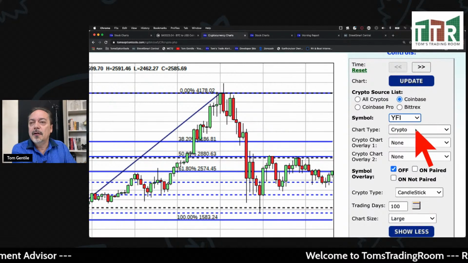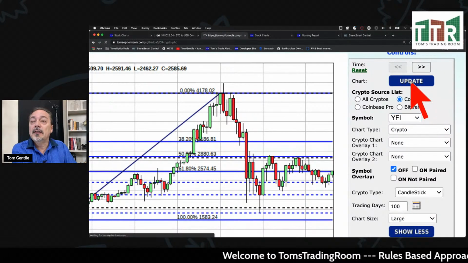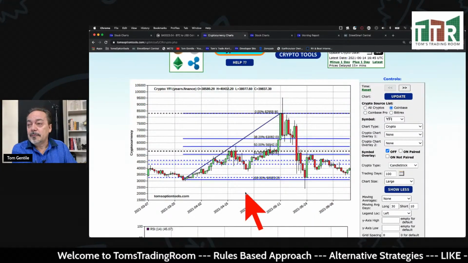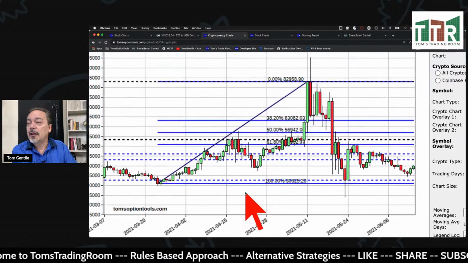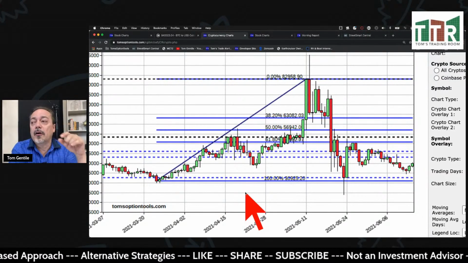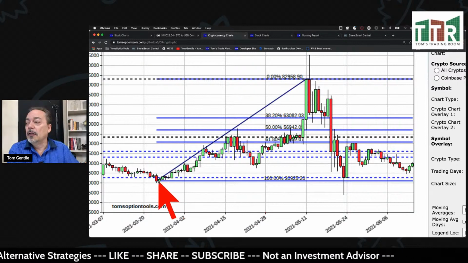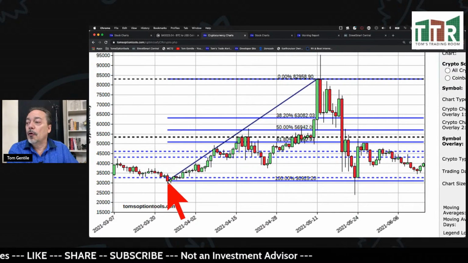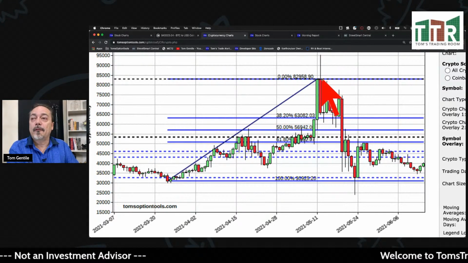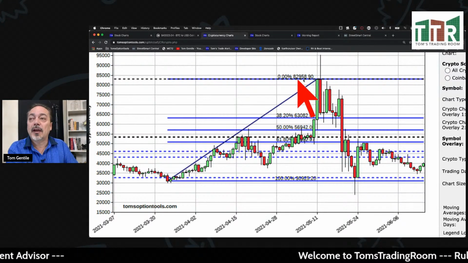There it is. Let's see what Yearn Finance has done just in the last couple of days. When you take a look at a chart that has a low down here around the 30,000 level, the high, which this thing got to the 95 before peeling off, but its closing high was 82.5.